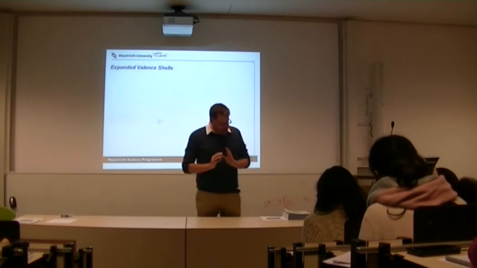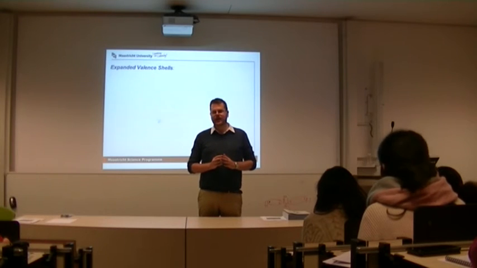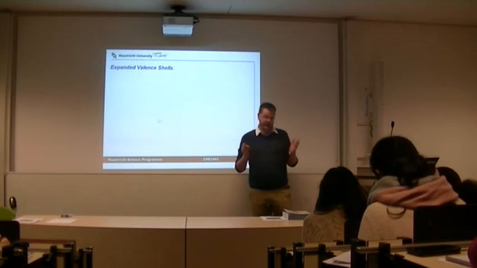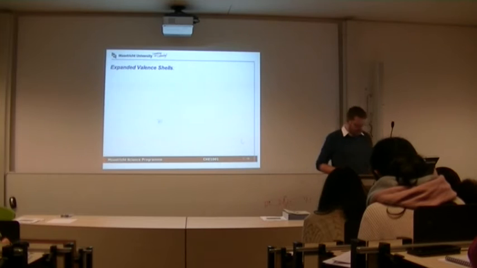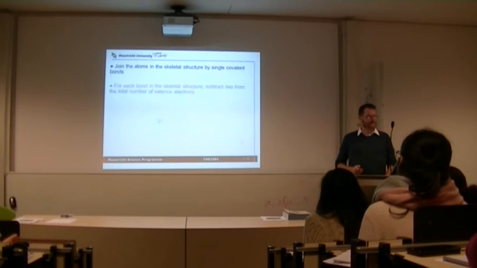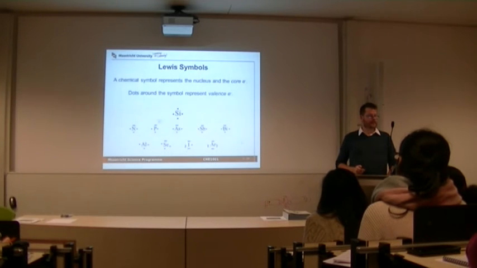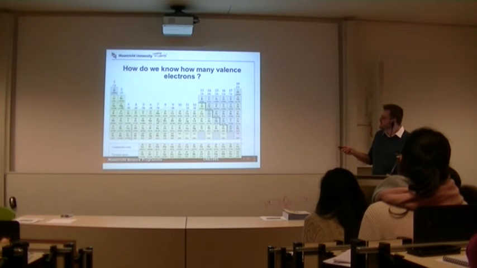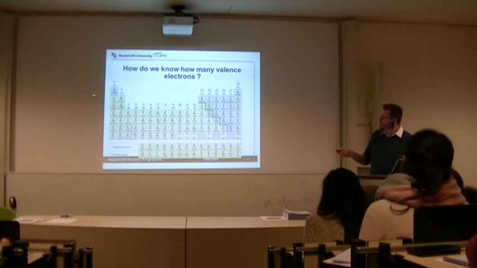Now, when I'm dealing with heavier elements, so elements in period 3 and above, let's go to the periodic table just so that we know where we're at. So this is period 1, period 2, this is period 3.